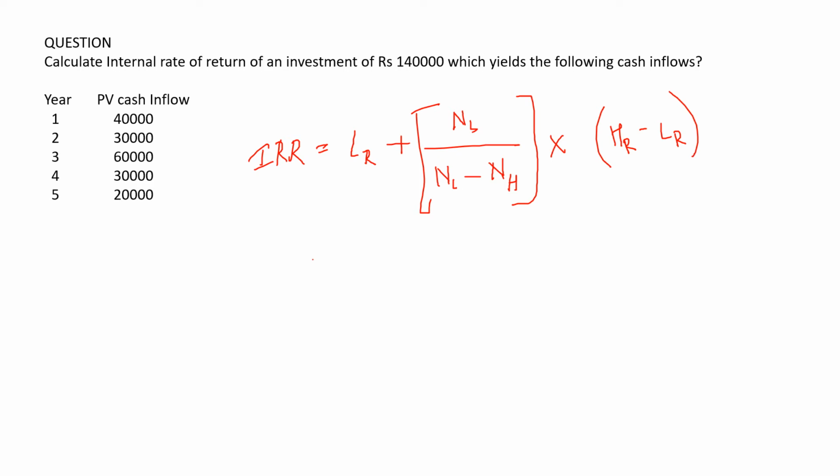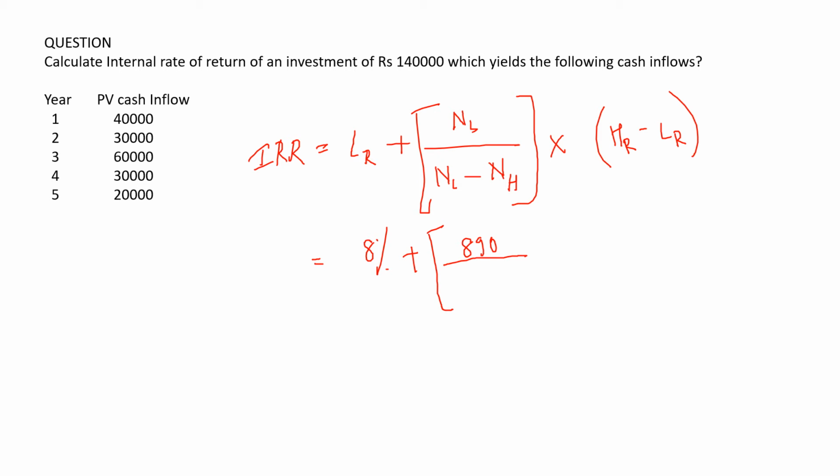The formula is clear. So now we know our lower discounting rate was 8%, plus the NPV of the lower discounting rate, which we have got as 890.